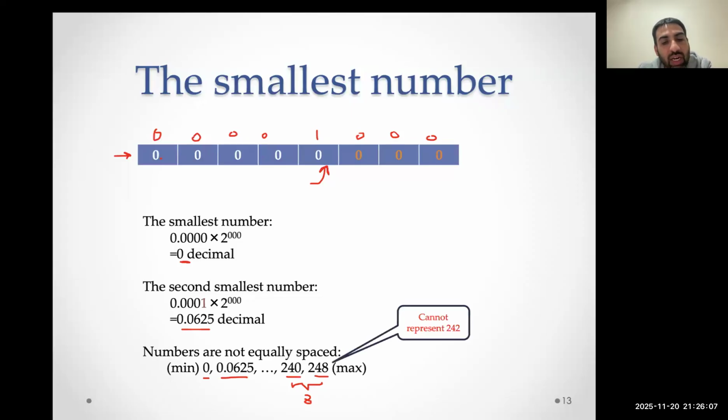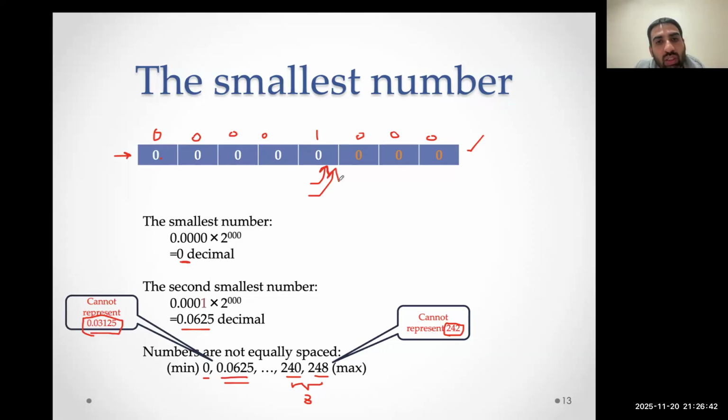Which basically means that if you want to represent a number between 240 and 248, let's say 242, you cannot represent it using this 8-bit template or 8-bit format, where the binary number is only 8 bits in size to represent the floating point number. Similarly, if you want to represent a number less than 0.0625, for example 0.03125, you cannot represent it because the smallest weight is 0.0625 here, right? So that is a problem. Why is that a problem?